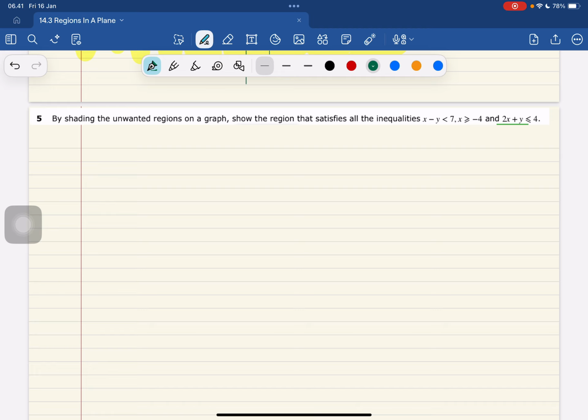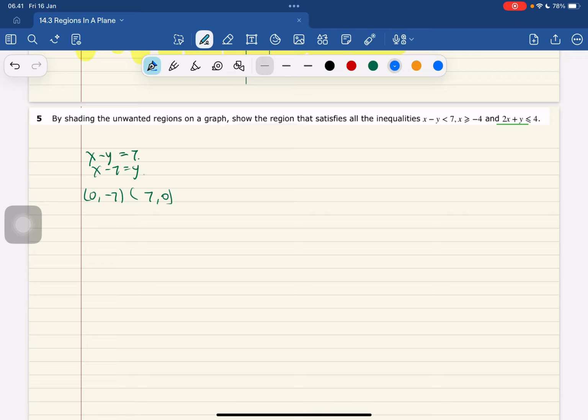We get x minus y equal to 7. So this is x minus 7 equal to y. Okay, the first point, when x equal to 0, y equal to minus 7. Then when y equal to 0, x is going to be 7.